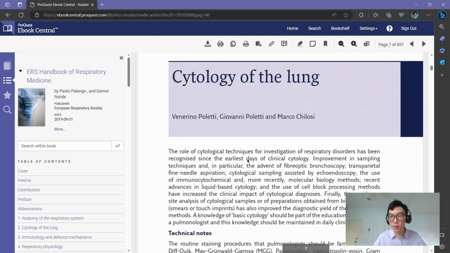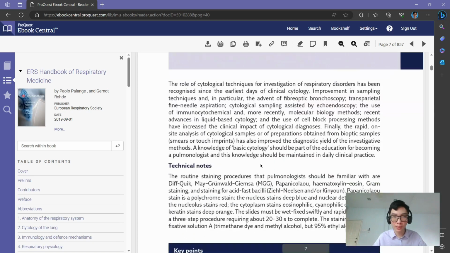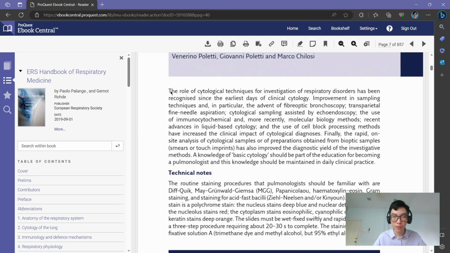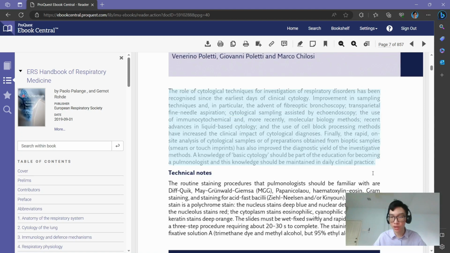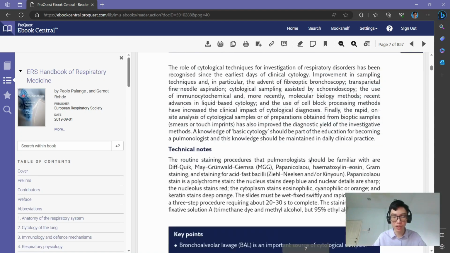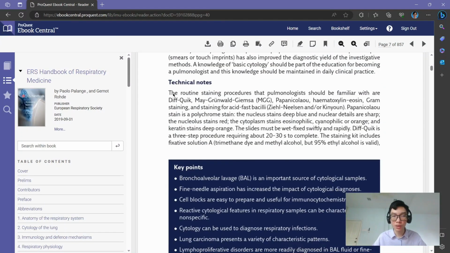What I like about the layout is that first we have a very brief introduction with some notes. They talk about the routine staining procedures, right?